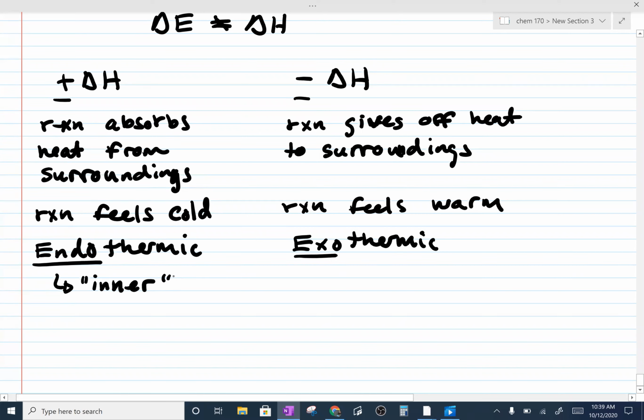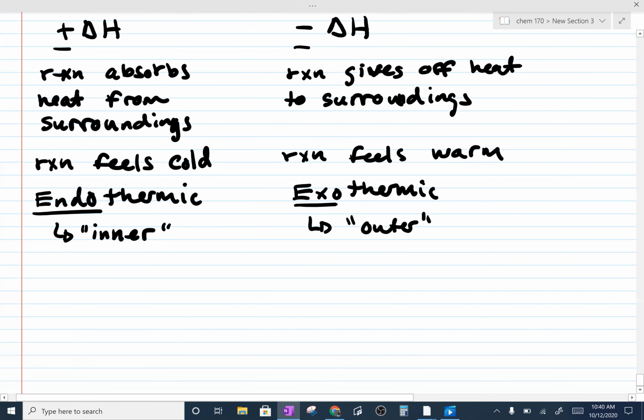Thermic, of course, is heat. So in the case of endothermic, there's an inner heat. That means that it's pulling the heat in. Okay, exothermic means outer heat. So this is outer. Essentially, it means that it's pushing the heat out. Okay, so we have exothermic and endothermic, and you'll see those terms very frequently for the rest of the semester. So I would learn this pretty astutely.